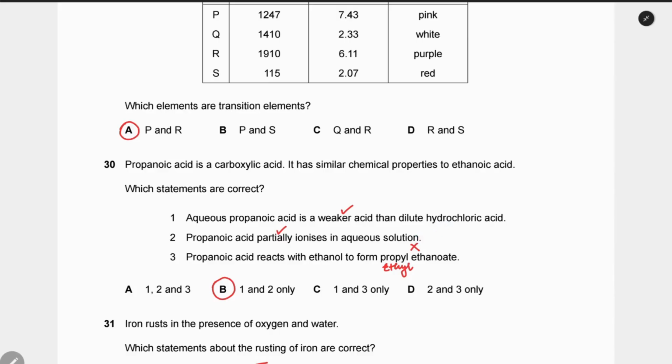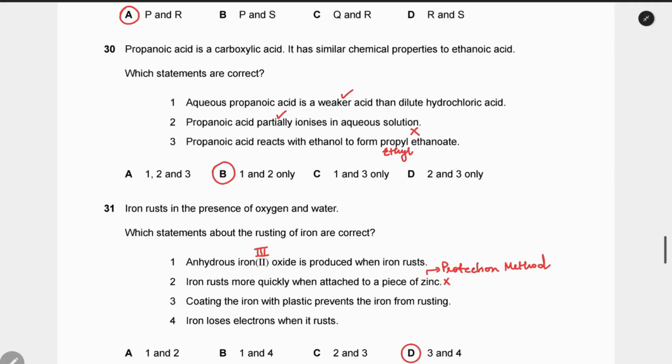Propanoic acid reacts with ethanol to form propyl ethanoate. No. When propanoic acid reacts with ethanol, ethanol will turn to ethyl, so instead of propyl, we're going to have ethyl, and propanoic will turn to propanoate. So the correct answer is ethyl, not propyl ethanoate. So the correct answer is 1 and 2.